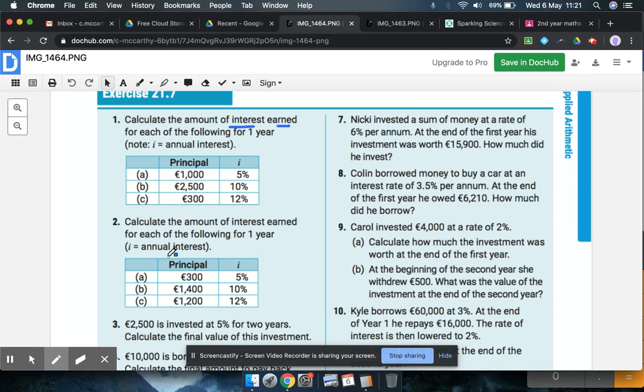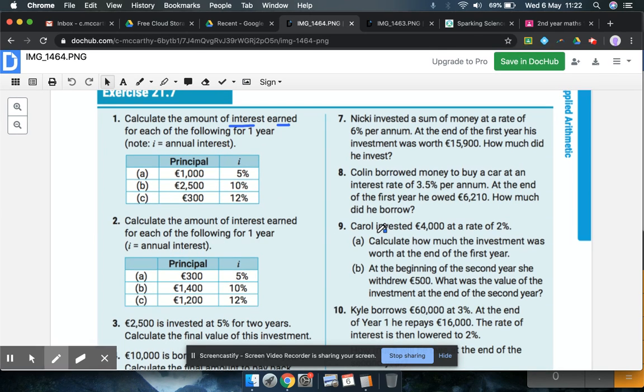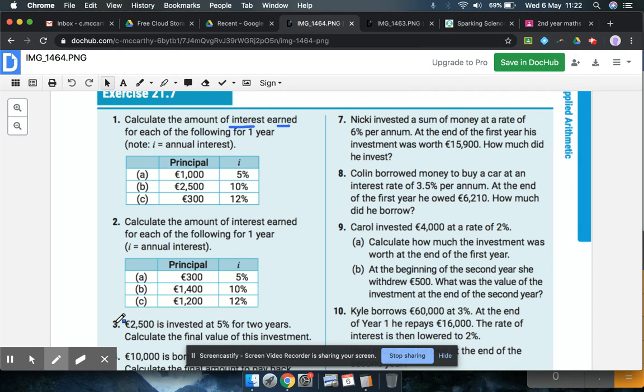If you look here, question 2 says calculate the amount of interest earned for each of the following. That's exactly the same. I'm going to look here at question 3 now. Question 3 states, €2,500 is invested at 5% for 2 years. Calculate the final value of this investment.